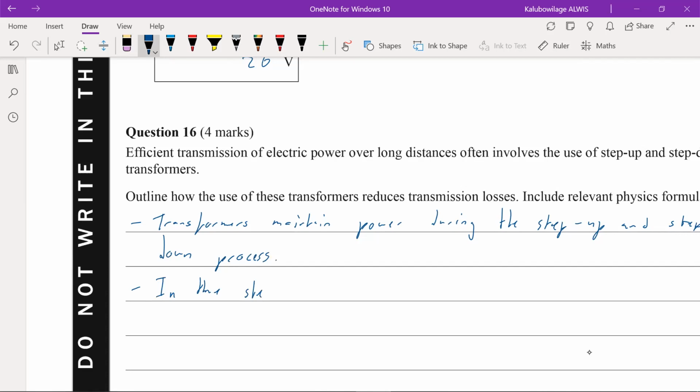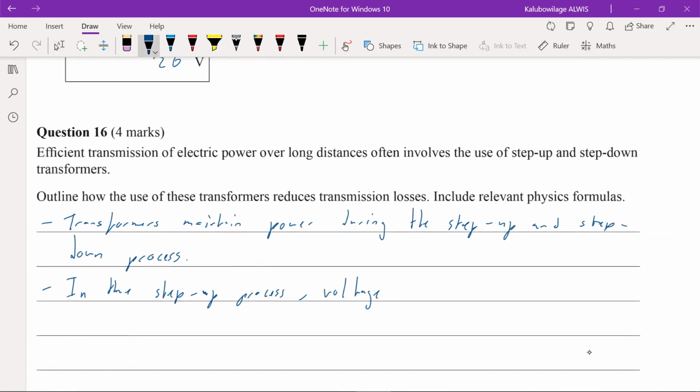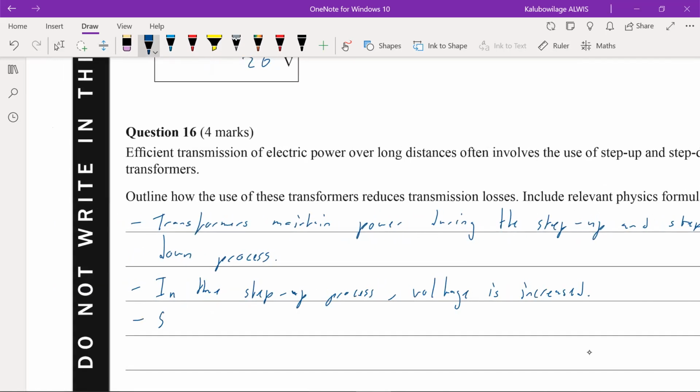In the step up process, voltage is increased, and power is maintained as P equals VI.